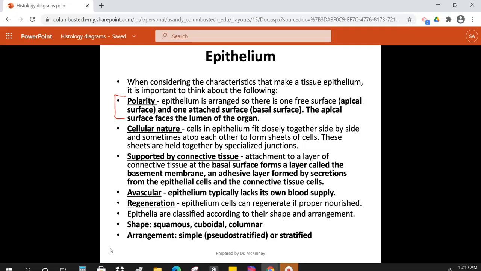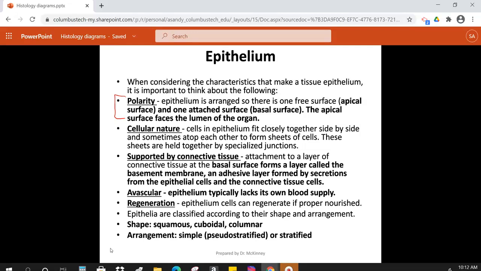So in the integumentary system, we'll see the epidermis. The epidermis is the outermost part of our skin that faces the external environment. So the apical surface, the free surface, faces the external environment, and then the basal surface of the epidermis will be attached to an underlying tissue called the dermis. We will see that when we get to the integumentary system.